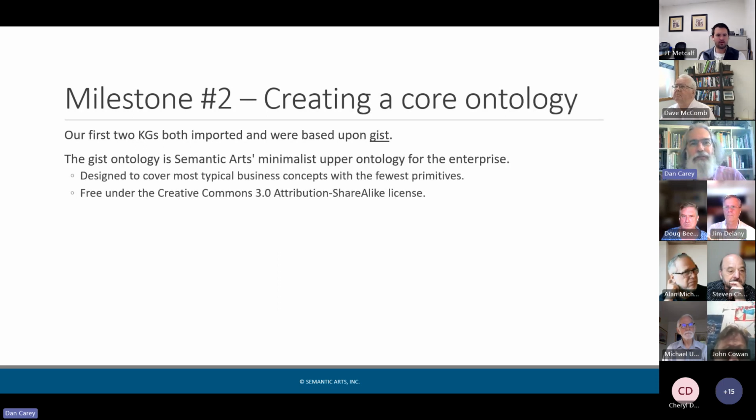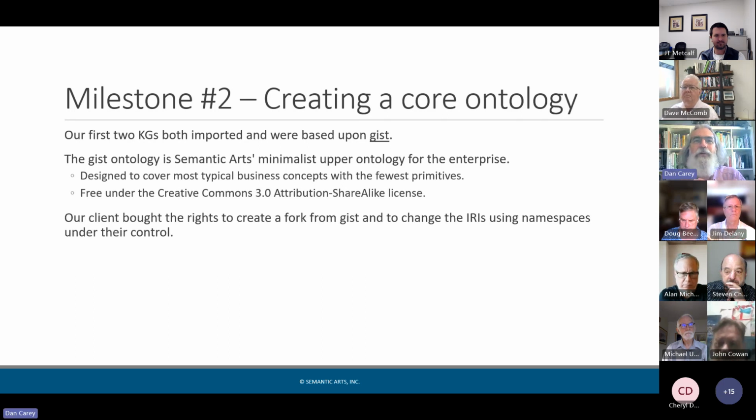But GIST is based on a Creative Commons license, but we also offer the option to, as Dave calls it, if you can't afford free, you can pay us a small fee to create a fork, which is what Morgan Stanley did. They bought the rights to create a fork off of GIST, and then to change the IRIs within that to use a namespace that was completely under their control.